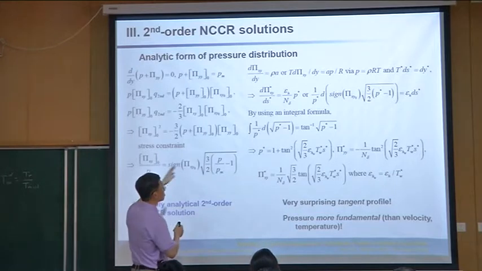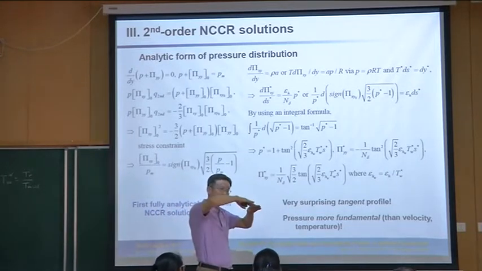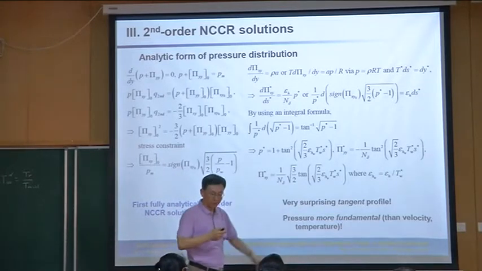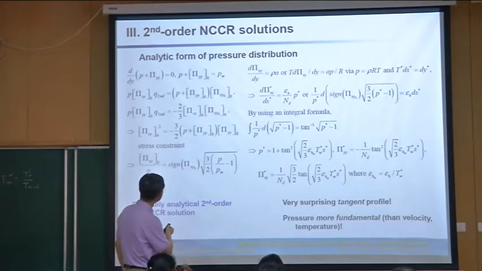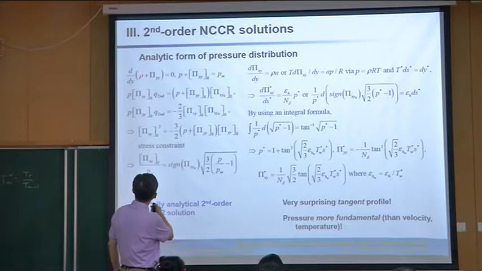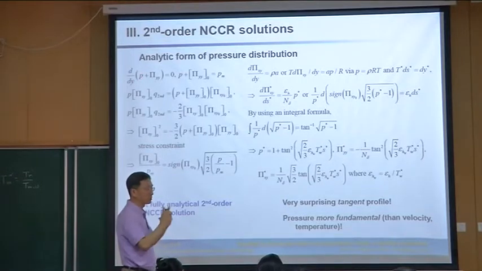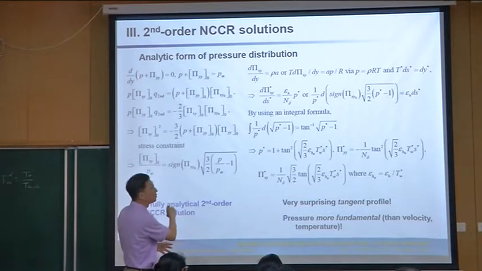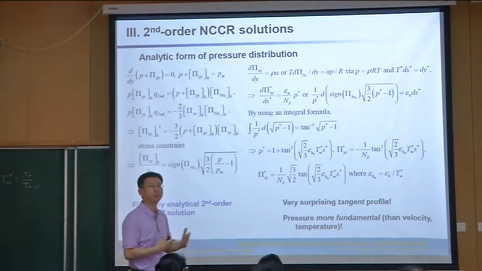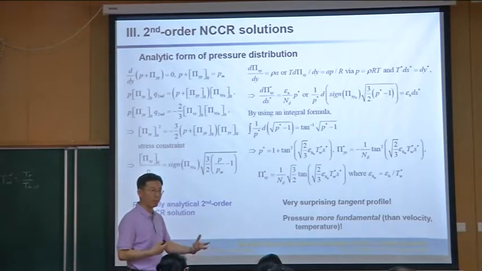But because of the constitutive law, pi yy is not 0 anymore. Remember, the sum of two terms must be constant, so if one term is non-zero, this p will become non-uniform. That's basically why p is non-uniform.